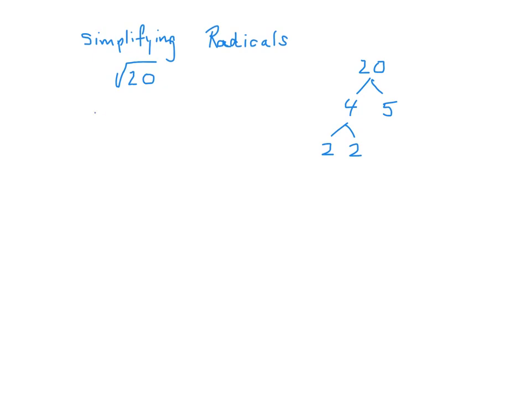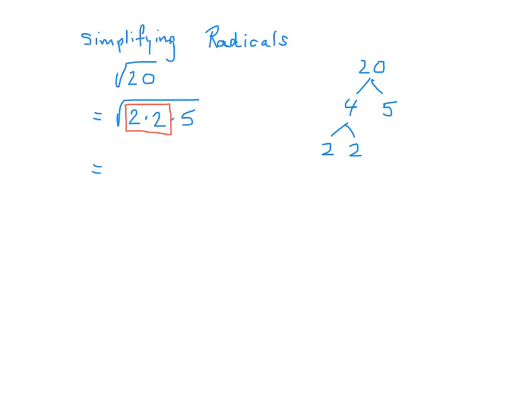So that means that the square root of 20 is the square root of 2 times 2 times 5. Now, a square root means we're looking for two equal factors. Whenever we find two equal factors in a number, we can pull out one of those factors.